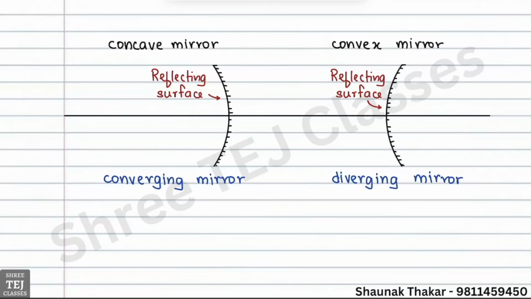Hence, together they are called spherical mirrors of two types. The ones which are curved inwards are called concave mirrors, and the ones which are curved outwards are called convex mirrors. The reason behind the names converging for concave and diverging for convex we will study shortly.